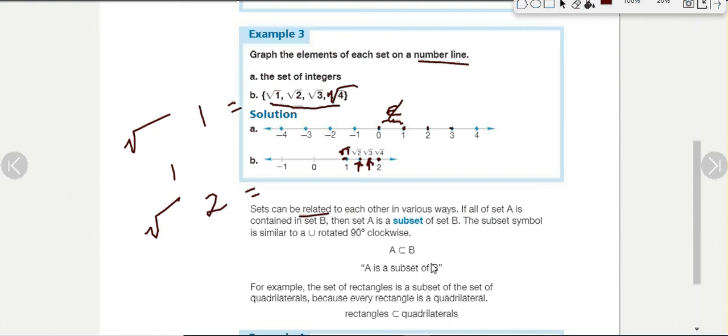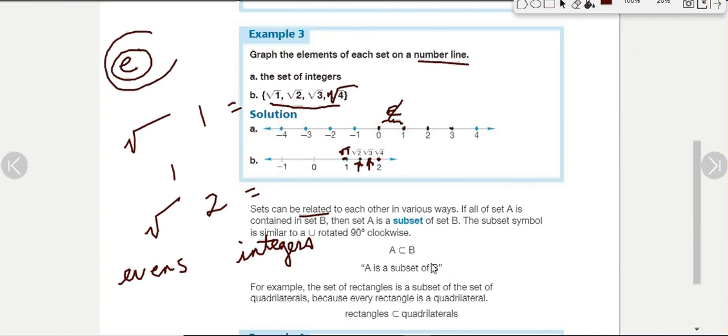Sets can also be related to each other. If all of set A is inside of B, it's a subset. Like if we said the even numbers related to integers. Well, maybe use a Venn diagram to show this. I'll abbreviate even numbers as E. We can show they are within the larger group, that is the integers, right?